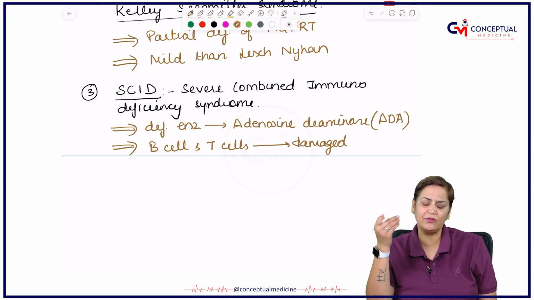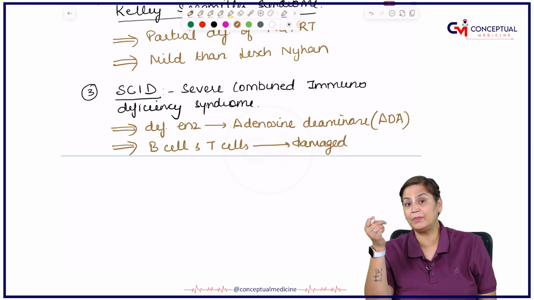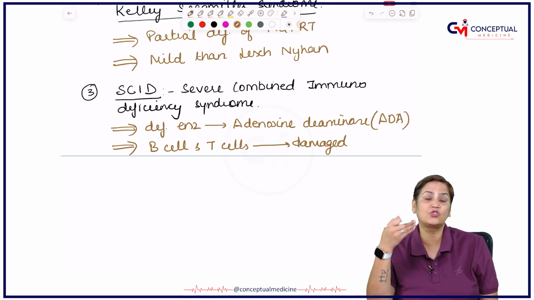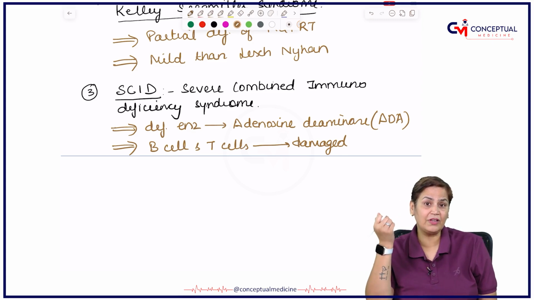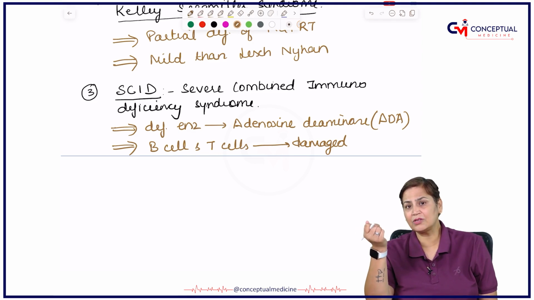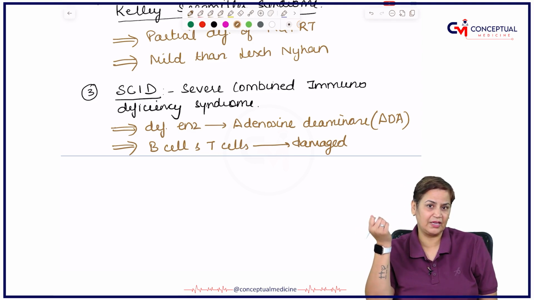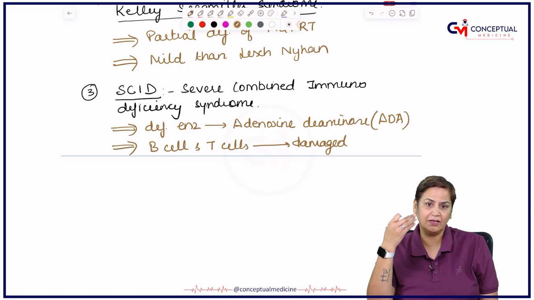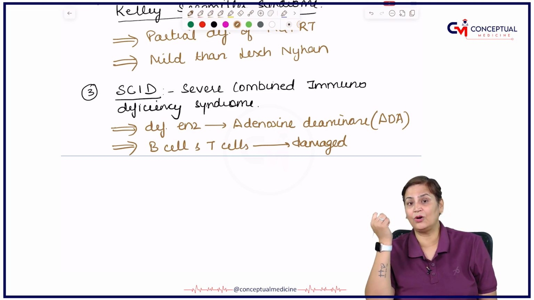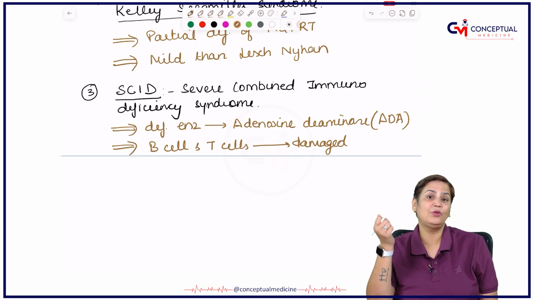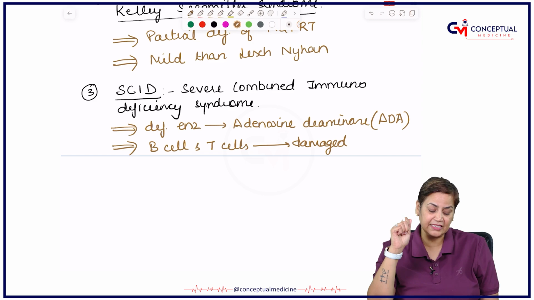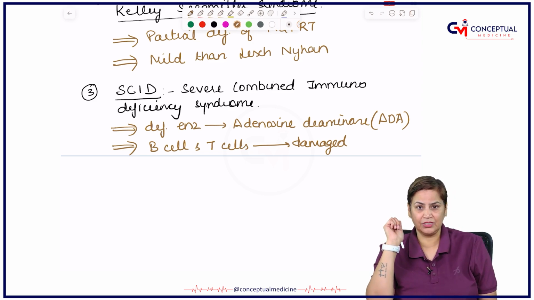Alcoholism interferes with uric acid metabolism. Whenever a person has consumed alcohol or a lot of non-veg food, these are more likely causes of increased uric acid. And the drug of choice in gout is always allopurinol. Allopurinol is a competitive inhibitor of xanthine oxidase and it is an example of suicide inhibition.